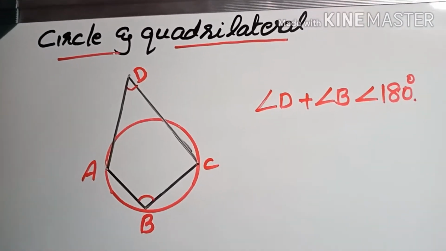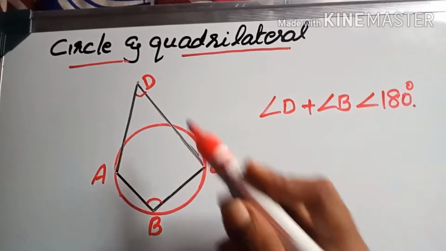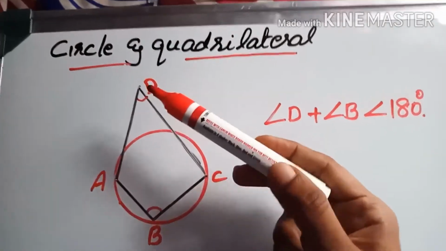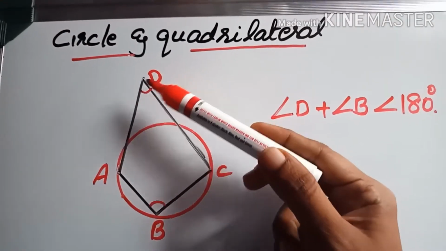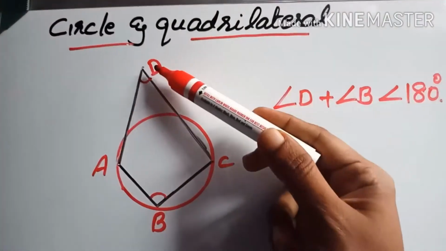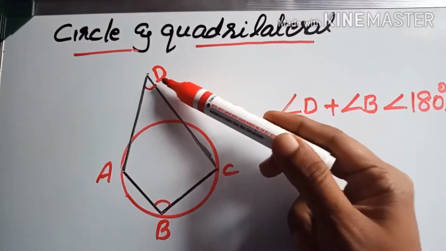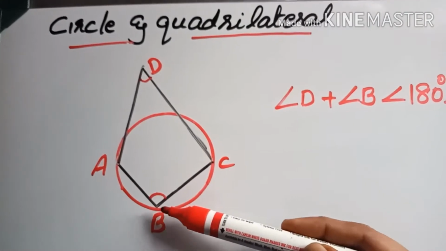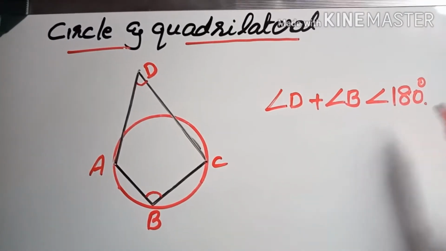This is the second concept. If one vertex is outside the circle, then the sum of the angles made by that vertex and the opposite angle will be less than 180 degree.